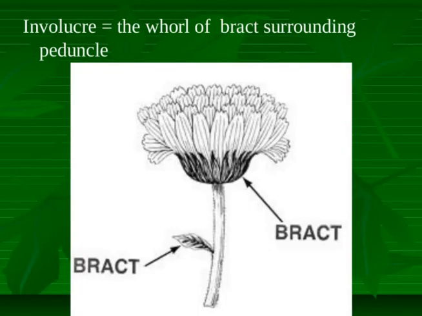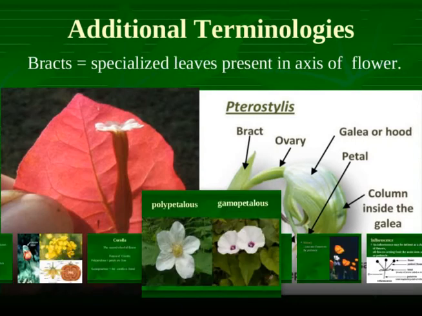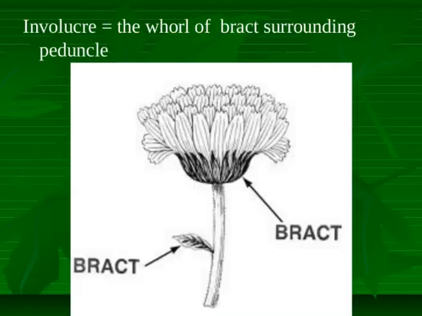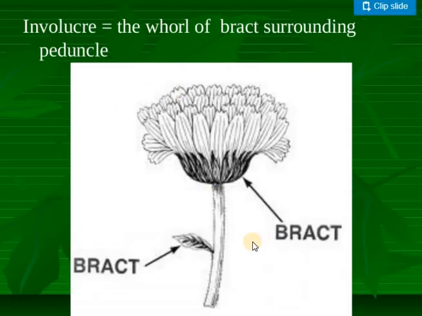And as you know, bracts. What are bracts? Bracts are specialized leaves present on the floral axis which subtend a flower. A flower with a bract is called a bracteate flower, and a flower without a bract is called an ebracteate flower. And what is a bracteole?